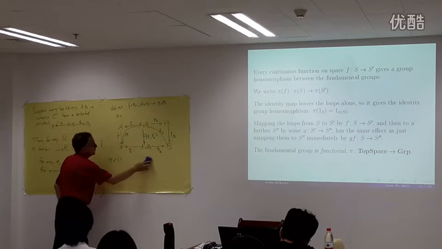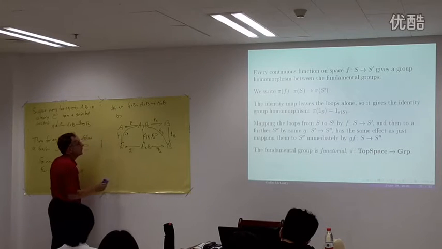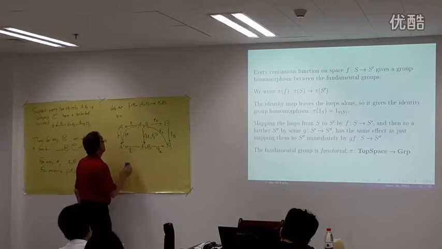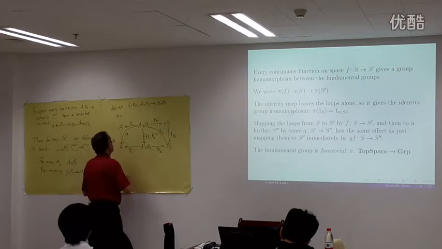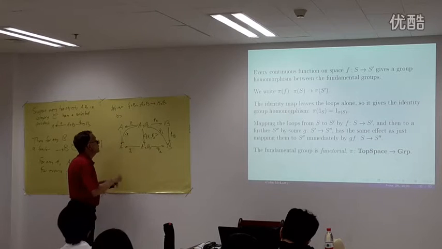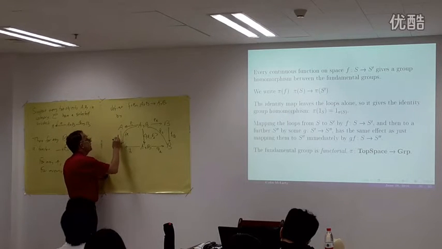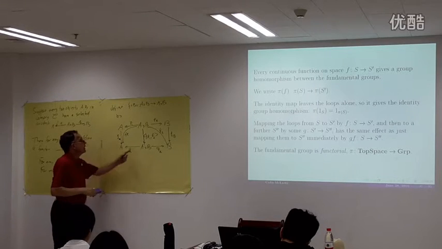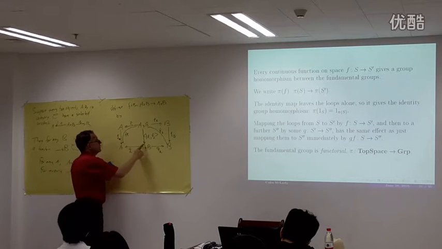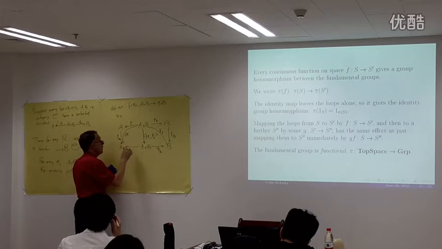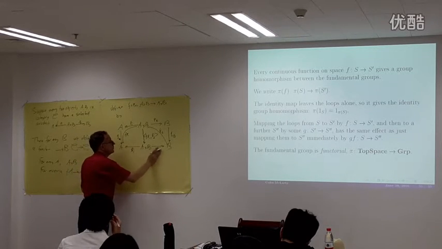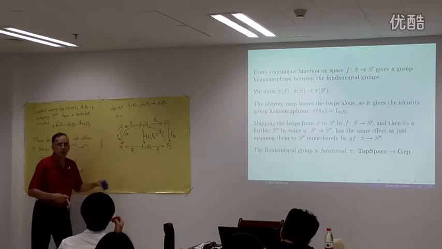Now, what does it take to be functorial? Well, for functoriality, I need to know first the case where this is the identity on A. If this is the identity on A, then this is A cross B. This is now P1 and P2 because it's the same A both places.